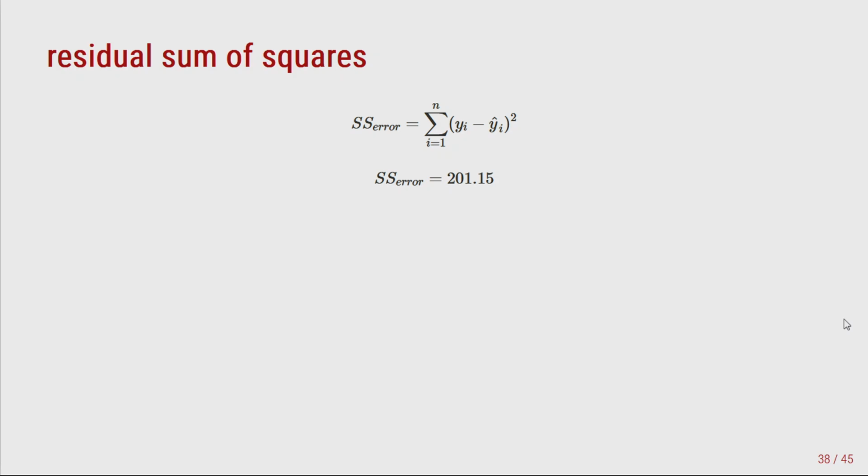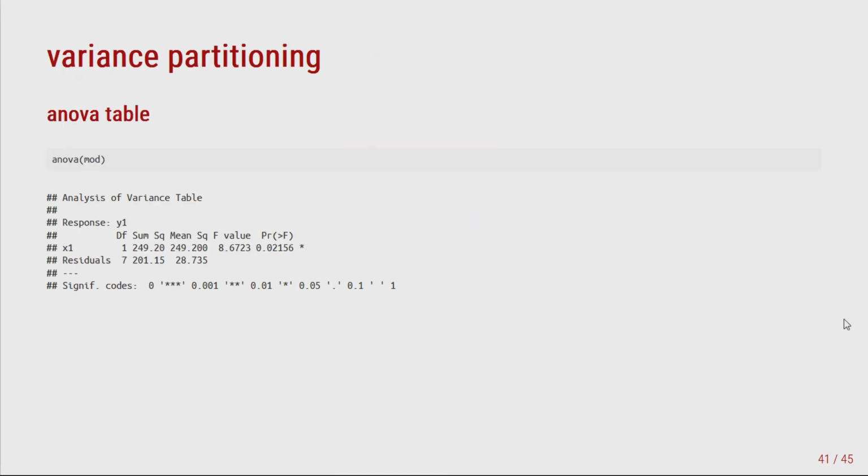Here, basically, our variable and the error structure are almost equally explaining our data. And we will see that we can do variance partitioning in R using the ANOVA function. We can apply that function to our model, and we will have exactly that.